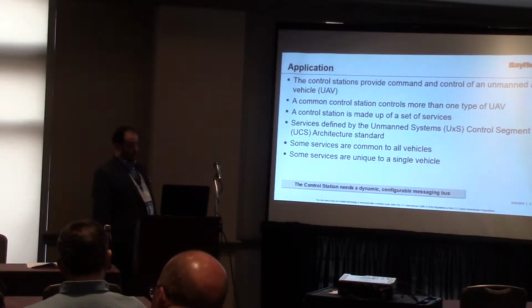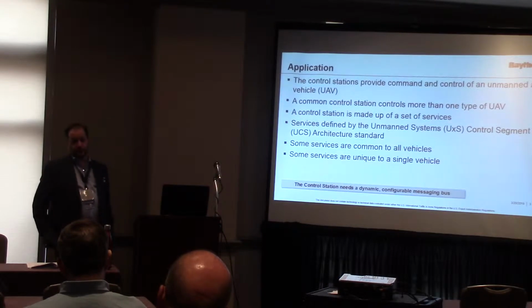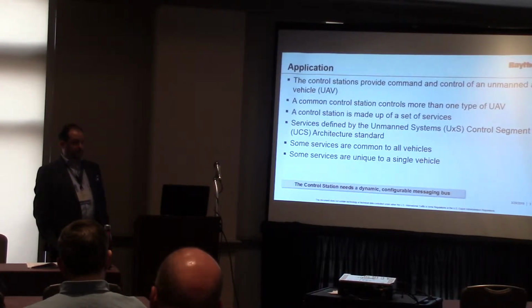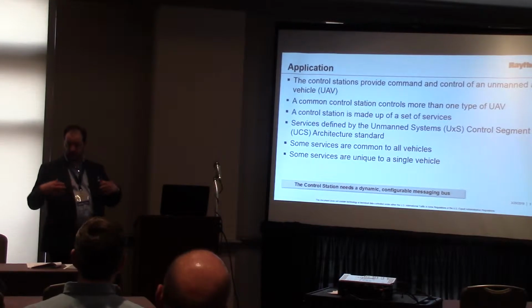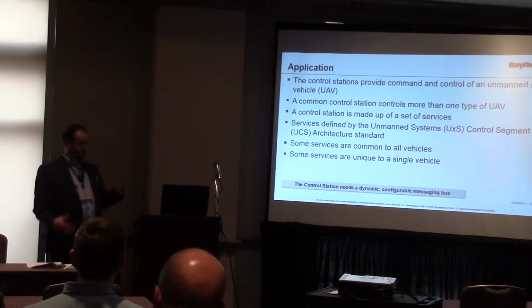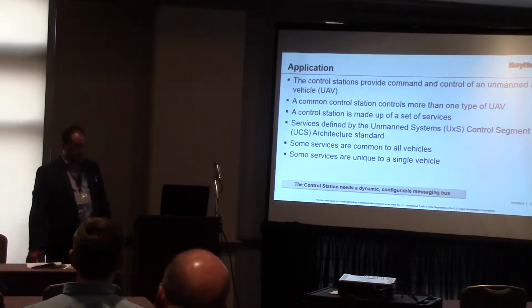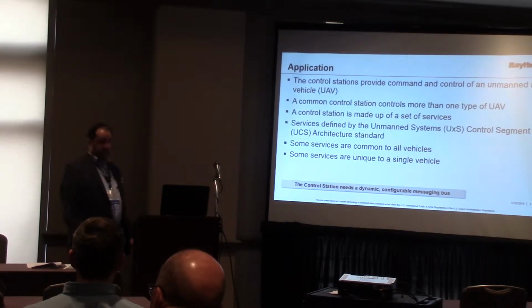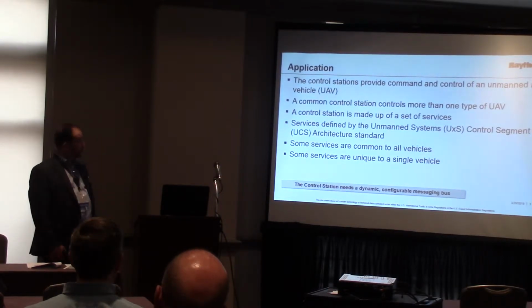We control Fire Scout, which is a helicopter based on a manned aircraft. There are 2 versions: the smaller one is based on a 2-seater, and the bigger one is based on more of a 4-seater vehicle. So again, big aircraft.